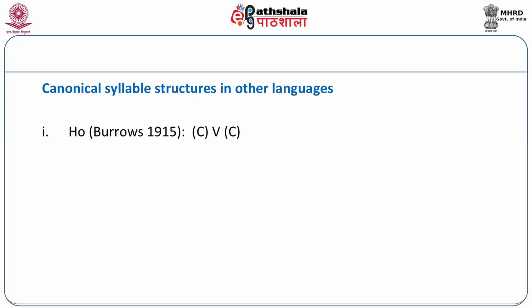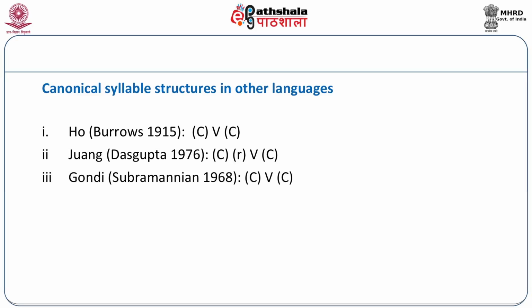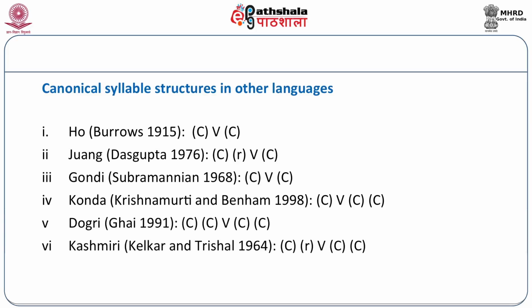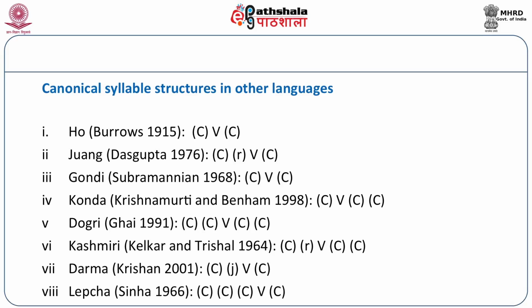For example, Ho has CVC, Zhuang has CRVC, Gondi again has CVC, Konda has CVCC, Dogri has CCVCC like Korku, Kashmiri has CRVCC, Dharma has CYVCC, and Lepcha has CCCVC. So Lepcha allows three consonants before the vowel and only one at the end.